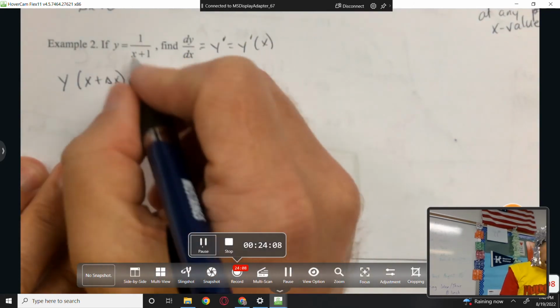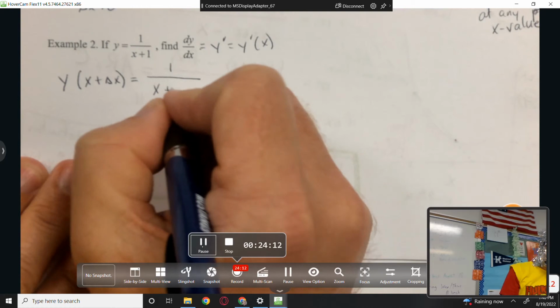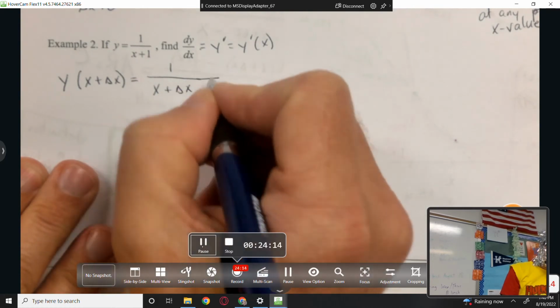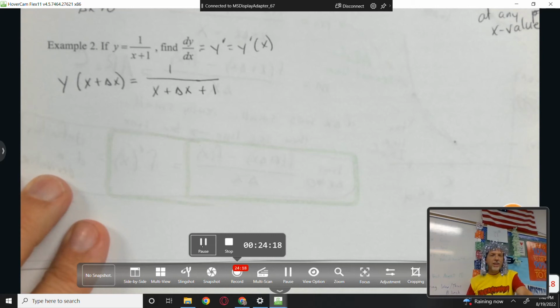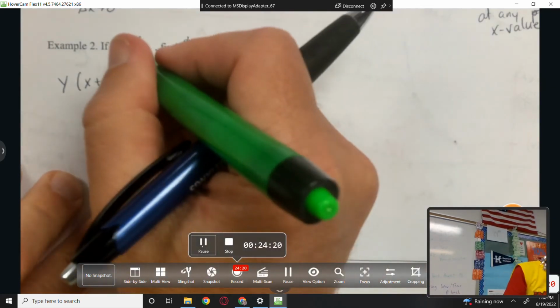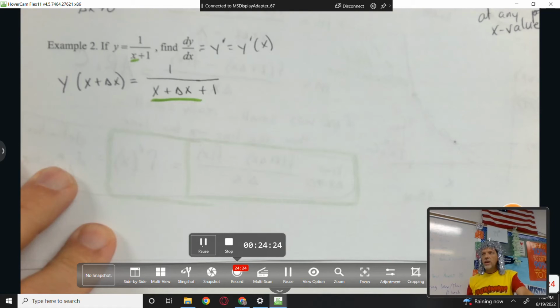Well, I guess this is the pay me now or pay me later situation. Or more specifically, it's a pay me later situation. Because the pay me now is easy, like plugging in for x with x plus delta x. The hard part's going to come when we shove it all into the definition of a derivative.